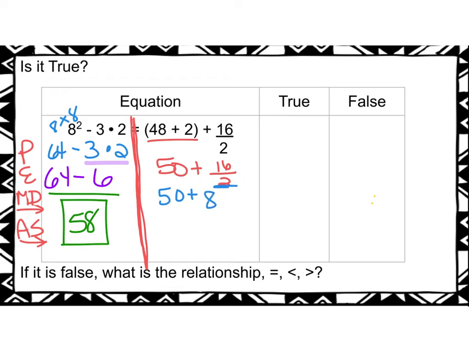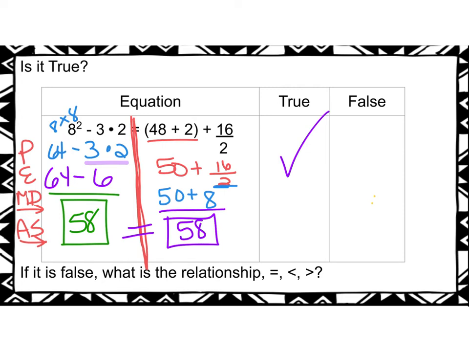And then we're going to do add and subtract, which is 50 plus 8, which is 58. So in this case, my equation is true. This equals 58. So my relationship is an equal sign. So 58 is equal to 58. So this is a true statement, and that's what you're going to write down in your answer choices.